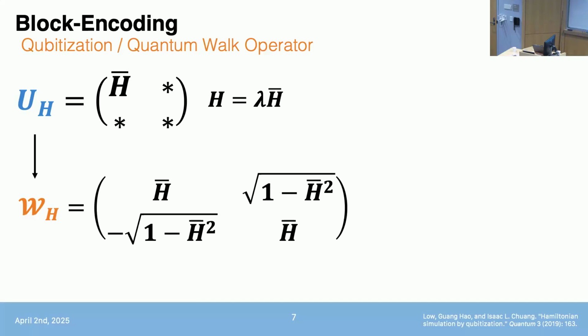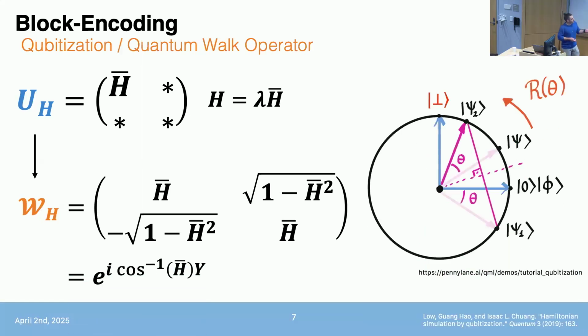One column corresponds to the all zero state, and the other state in this two-dimensional subspace is that perpendicular state. If we define the walk operator in this form, it's going to create a rotation around the zero state axis.